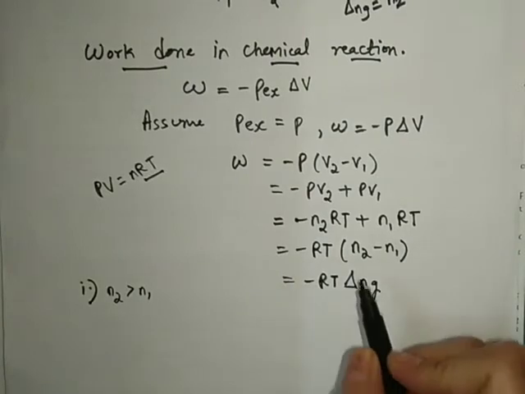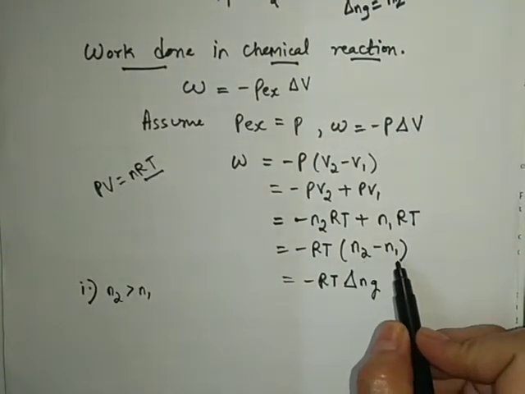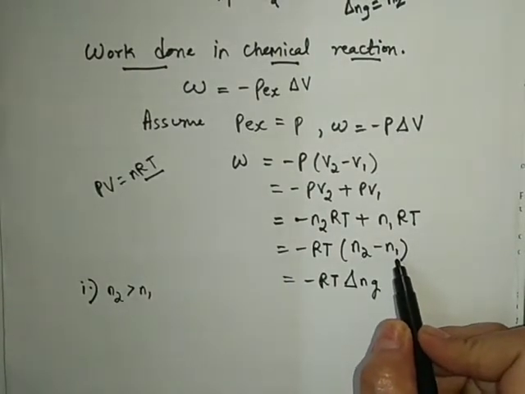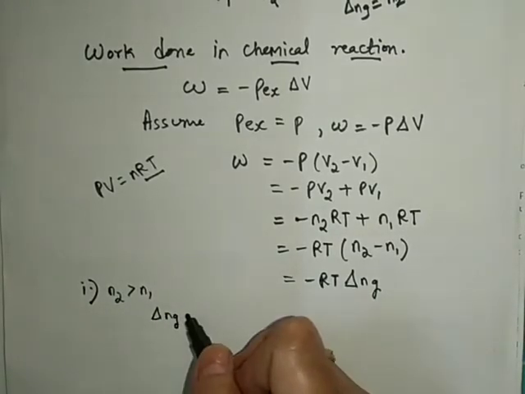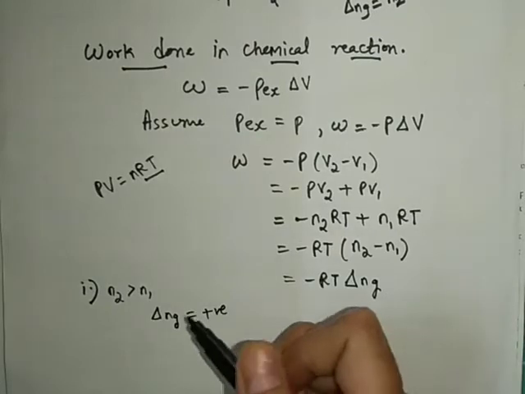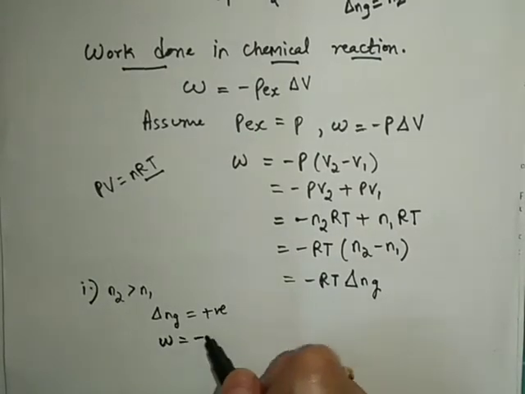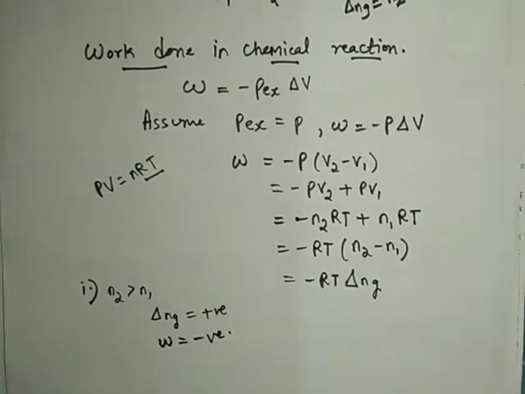If n2 minus n1 is positive, delta ng in this case is positive and the work done will therefore be negative, and this work is done by the system because work is negative.